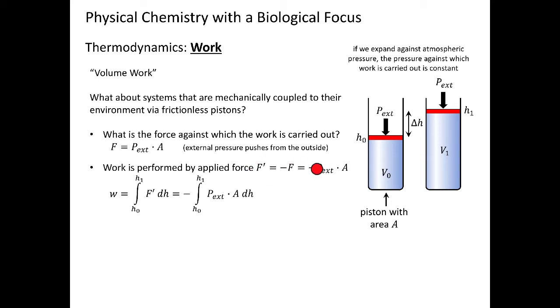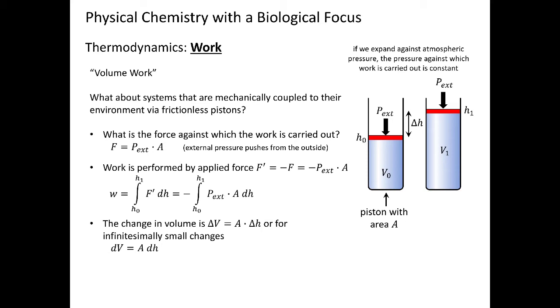It's minus F. So this is now minus P, the external pressure, times A. And then we can perform the normal integration, just like before. We have our integral from the initial position of the piston H0 to the final position H1. The force we have to use is F prime, and that is minus, put a minus here in front, the pressure times the area times dH.